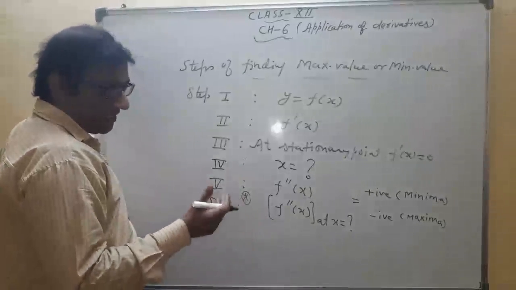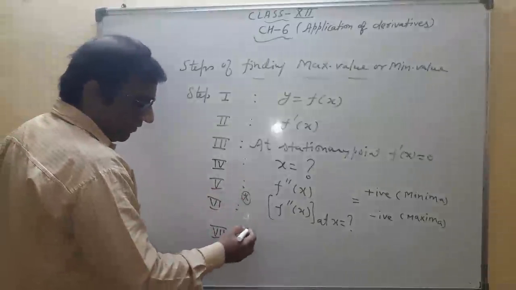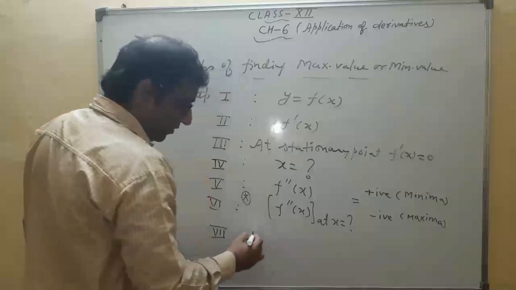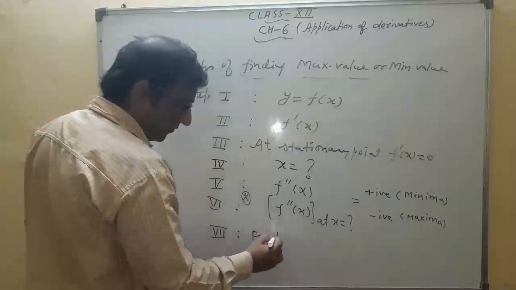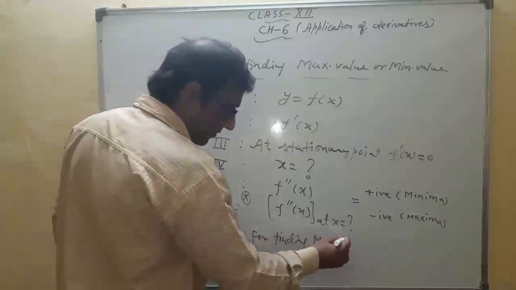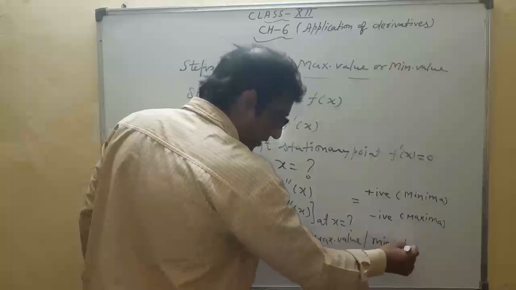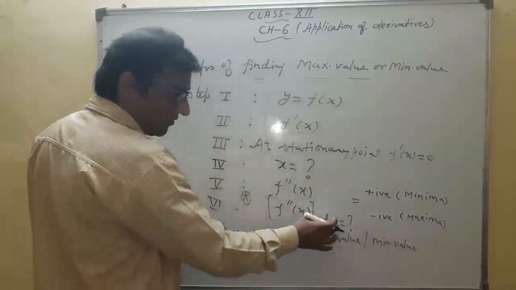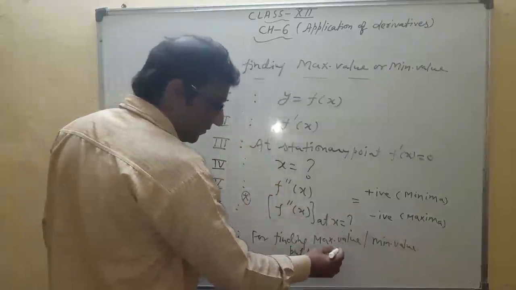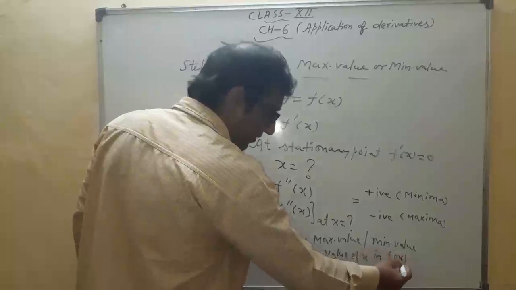After identifying maxima or minima, we will continue with the seventh step. For finding the maximum or minimum value, we will put the value of x in f(x), right?